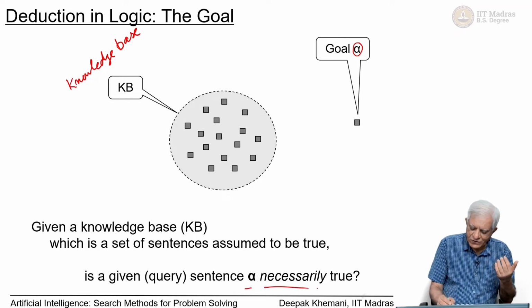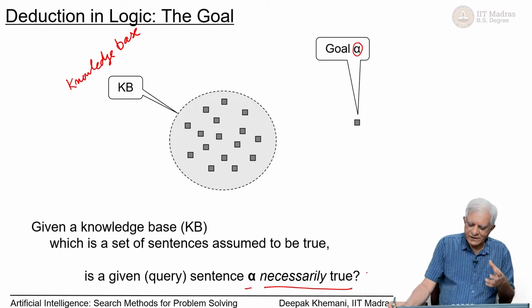This necessarily true is a notion of entailment in logic, which says that if you accept that every sentence in the knowledge base is true, then you have no choice but to accept that this alpha is true. If that happens, then we say that alpha is entailed by the knowledge base.